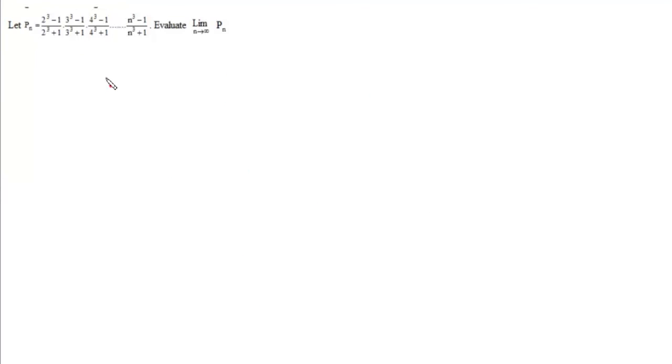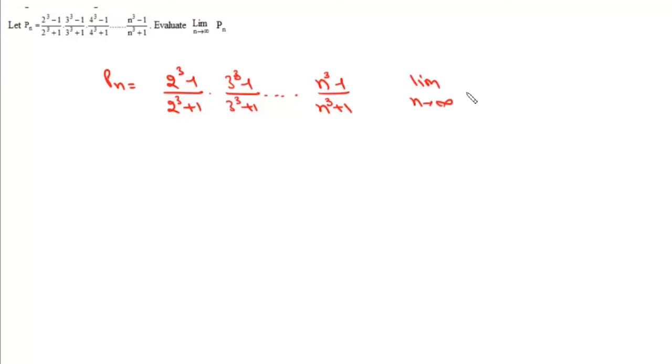Now we are given this expression Pn, which is 2 cube minus 1 upon 2 cube plus 1, 3 cube minus 1 upon 3 cube plus 1 up to n cube minus 1 upon n cube plus 1. Now it says we need to find this limit n tends to infinity Pn.